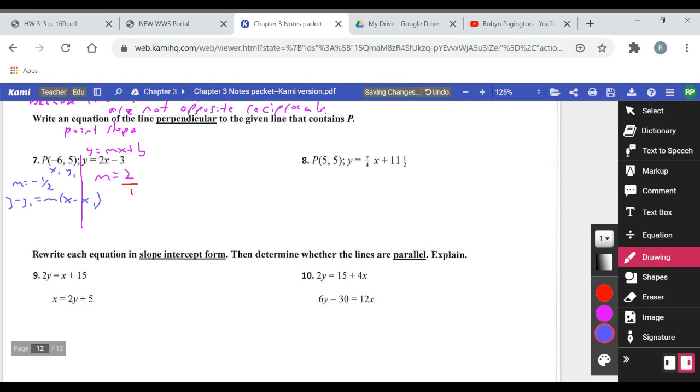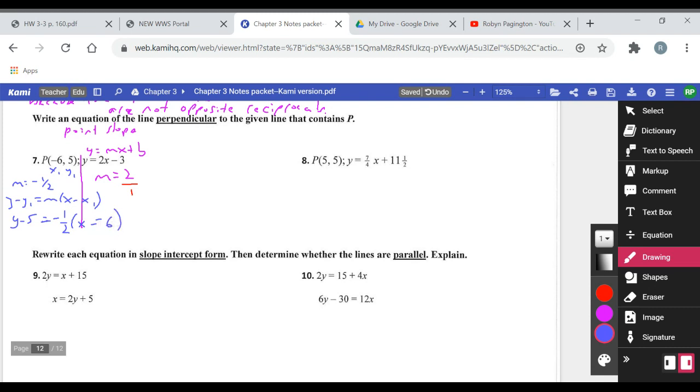Okay, so if I plug my information in, then I've got y minus y1, which is 5, is equal to the slope that we just said is -1/2, and then times x minus x1, which in this case is -6.